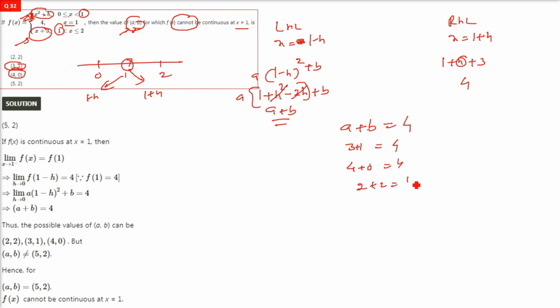So all these are valid solutions. One of the solutions, 5 and 2, is not valid because 5 plus 2 is 7, which is not equal to 4. So 5 and 2 is the point of non-continuity. That is the a and b pair for which f(x) cannot be continuous at x equals 1.